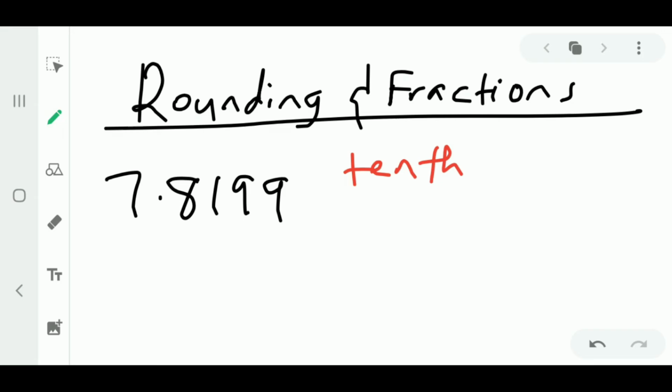You look for the number in the tenth position, which is the 8 here. You underline it, you look immediately to the right, and you circle the number. 1 is less than 5, so that means we do not round up, we round down. So the answer for this is 7.8. You don't need to add any zeros afterwards.